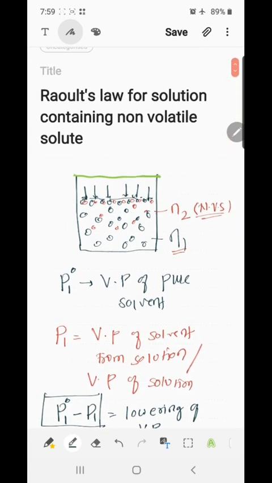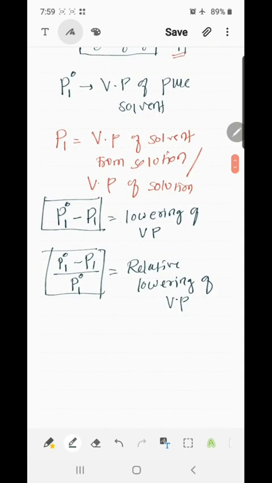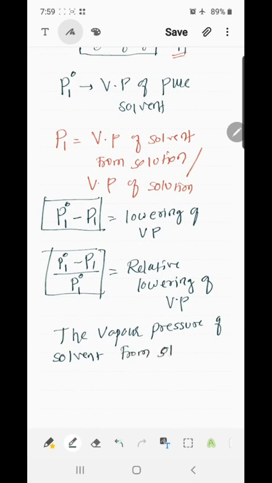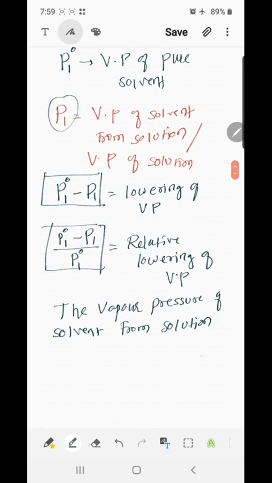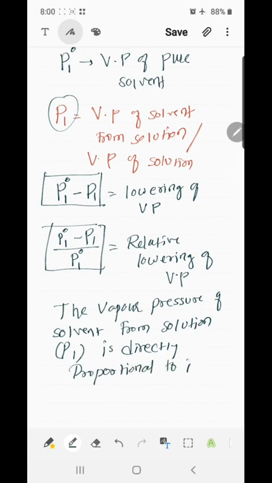So according to Raoult's law, for solution containing non-volatile solute, the vapor pressure of solvent from solution, that symbol is P1 we have seen here, is directly proportional to its mole fraction in solution.